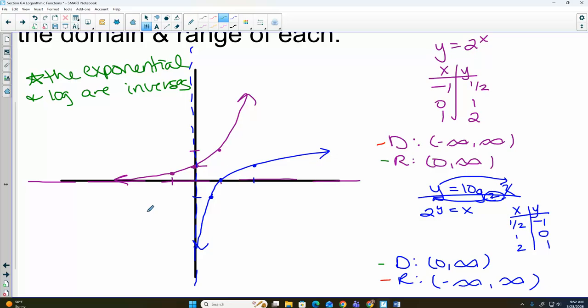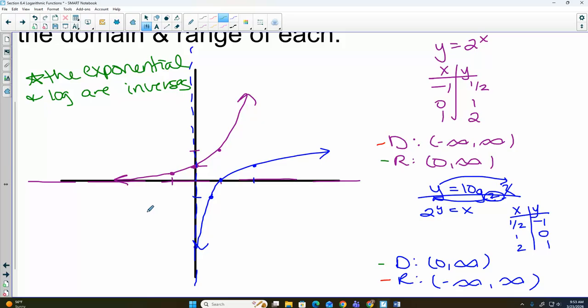When we graph our logs, we are going to just change it to exponential form like that, and then we'll be plugging in the negative 1, 0, and 1. So it's very similar to graphing an exponential. We just have that step at the beginning where we have to rewrite it. We'll do it just like we did with the exponentials. If I have anything different on it, we will always do the parent function and then transformations after that.